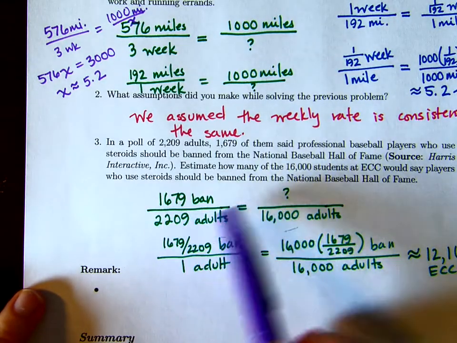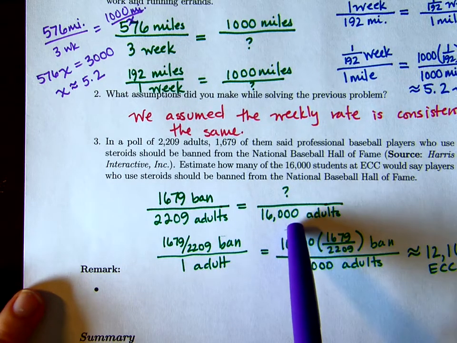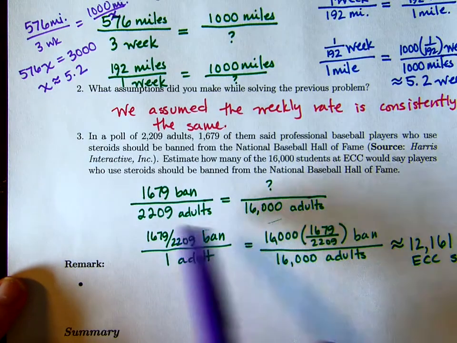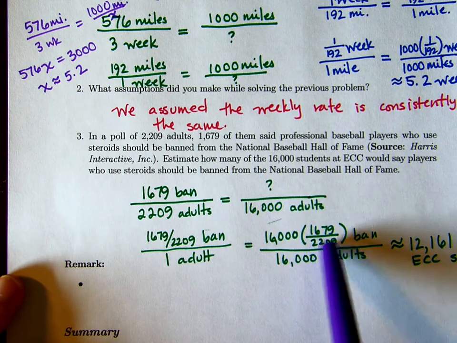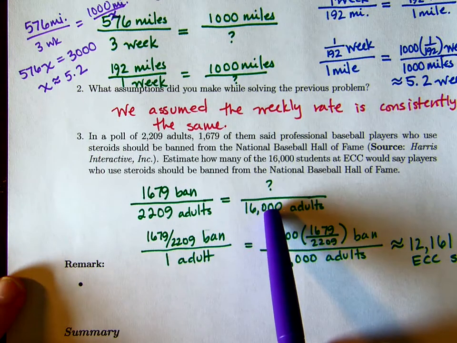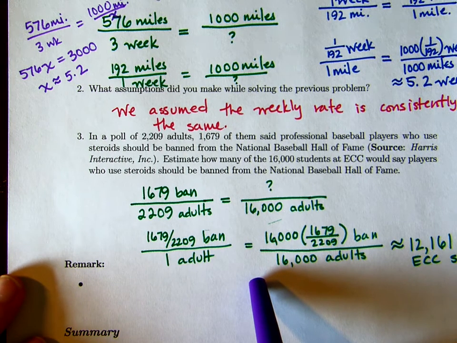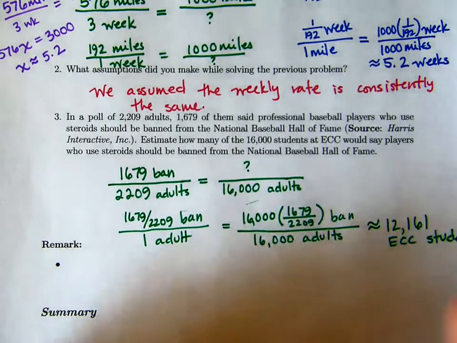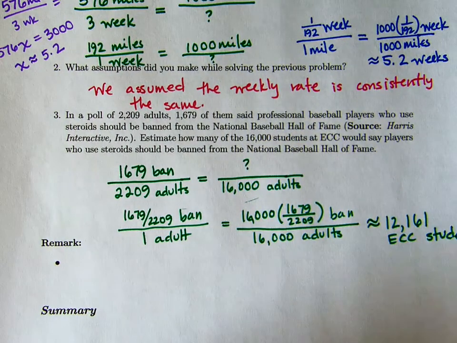They would have just taken this, put an x here, and multiplied both sides by 16,000. Because x divided by 16,000, to undo that, multiply by 16,000. But I want you to see that's the same thing we did here. So you could use a proportion, and or you could use ratios, equivalent ratios, because remember that equivalent ratios are proportions. So however you want to view that. But this answer does make sense. I'm looking back to see if that does make sense, and sure enough, it does.